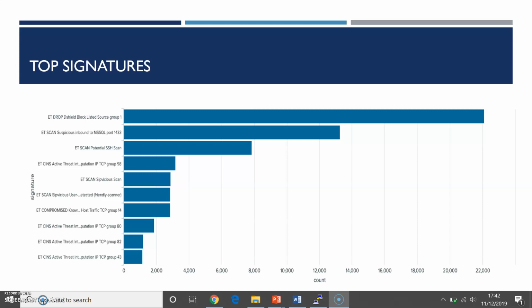The second one on this graph is ET SCAN Suspicious inbound to MS SQL port 1433. This is from the Snort honeypot. Snort sees the traffic before the firewall rules, so it alerts on things that are blocked by the firewall. In this case, Snort alerted around 13,000 times, which means the attackers made a big number of attempts to access port 1433.